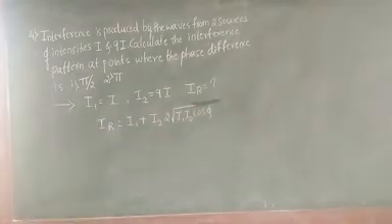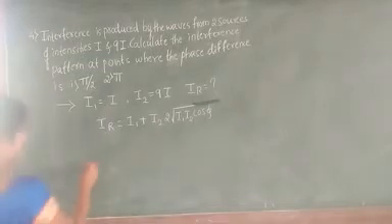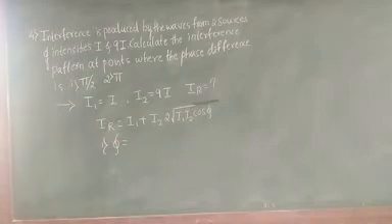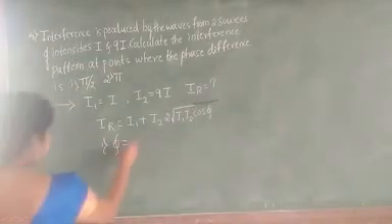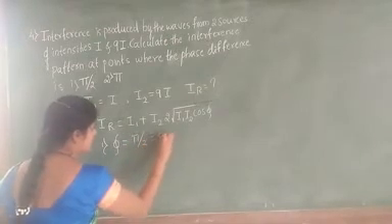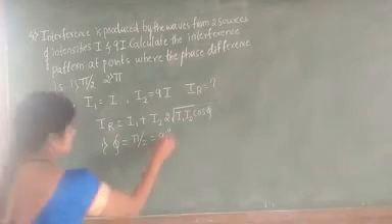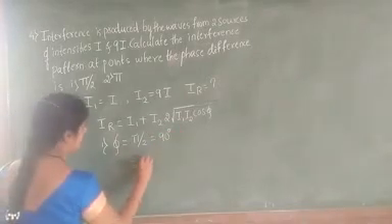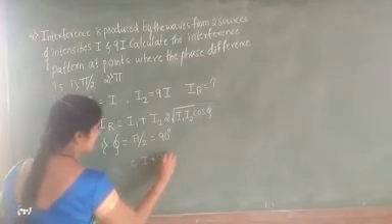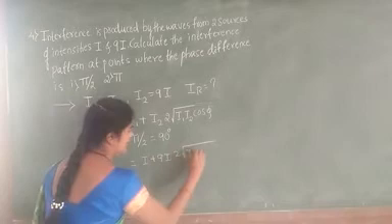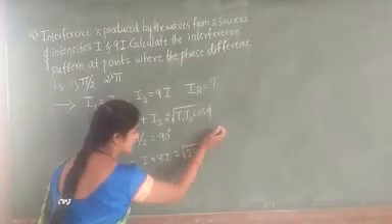First we consider phi is equal to pi by 2, that is equal to 90 degree. Now put the value of phi. We get I plus 9I plus 2 root of I into 9I into cos 90 degree.